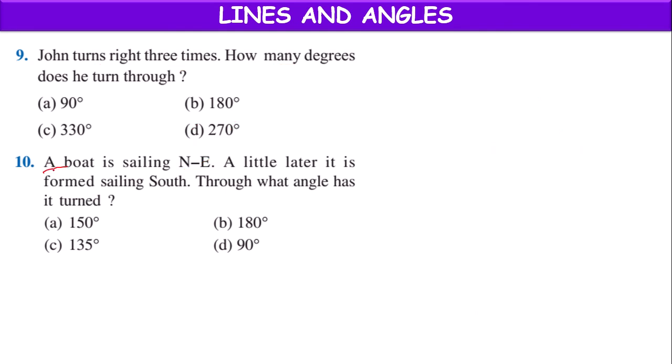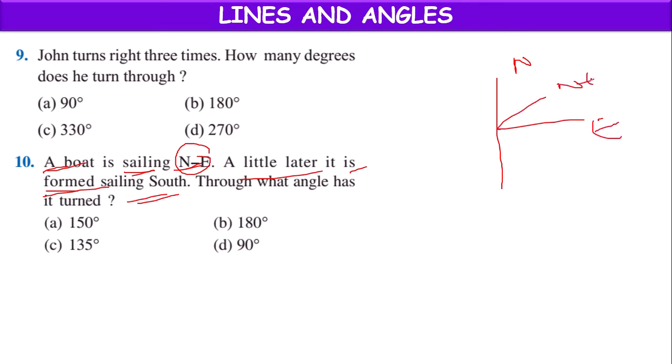Next. A boat is sailing or moving in northeast direction. A little later, it is found sailing south. Means north, east, northeast. In the beginning it was moving in northeast direction. But finally they have observed it is moving in south direction.